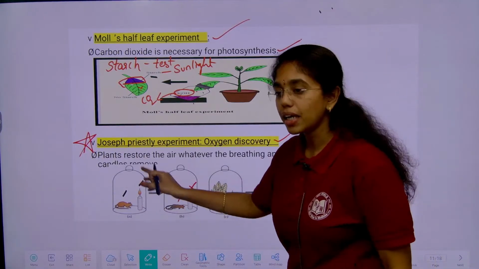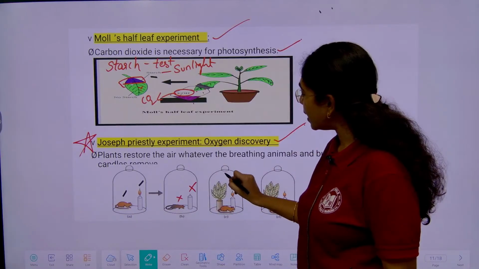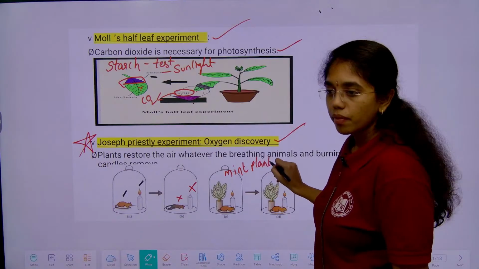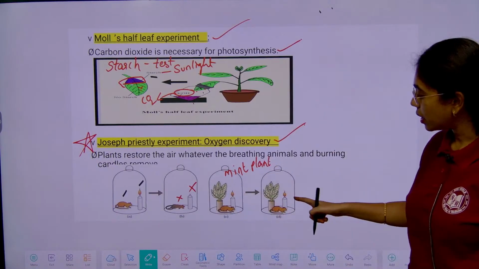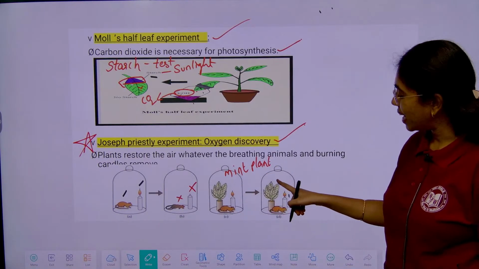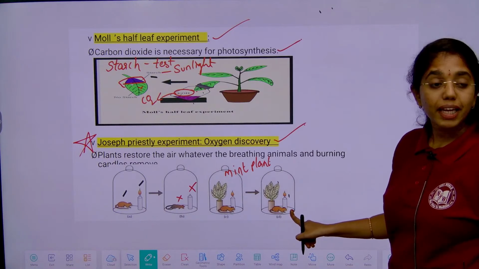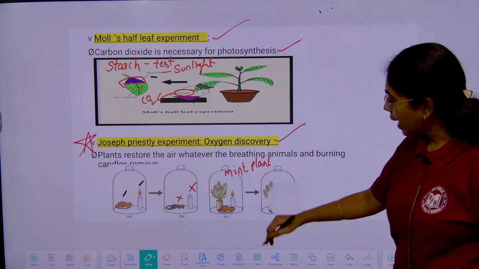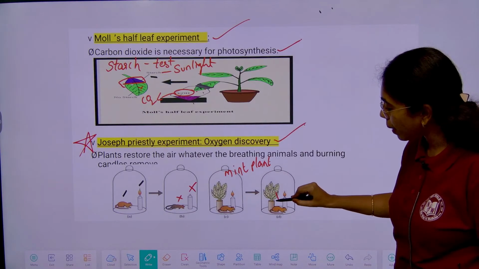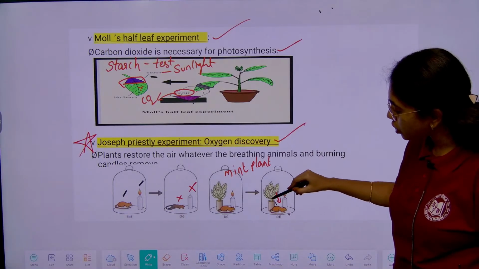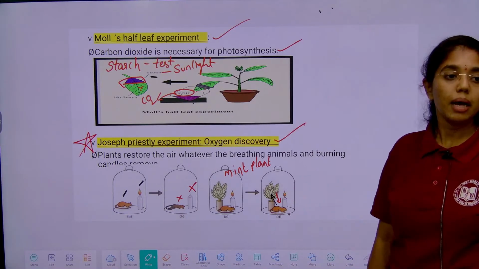He repeated the experiment by placing a mint plant into the bell jar. After some time he could see the candle was still burning, the mint was fresh, and the mouse was alive. Thereby he proved that the air released by the plant is taken in by the animal, and the air released by the animal is consumed by the plant.